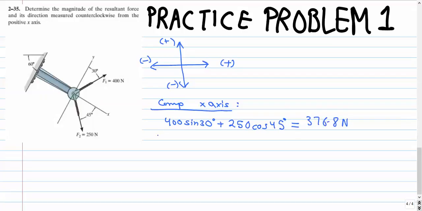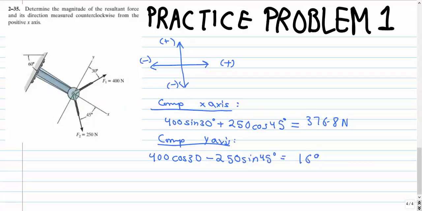Let's move on to the y-axis. For the components along the y-axis, we get 400 cos of 30 degrees minus 250 sine of 45 degrees, and we get 169.6 newtons.